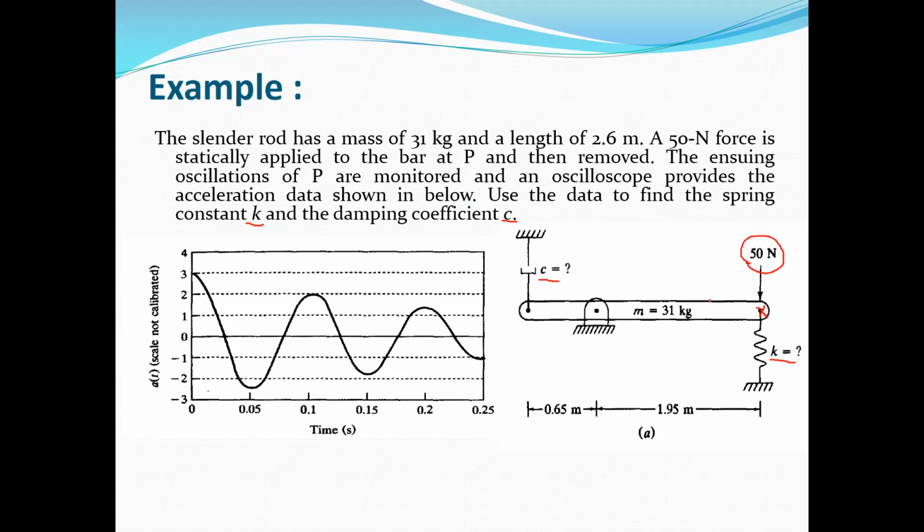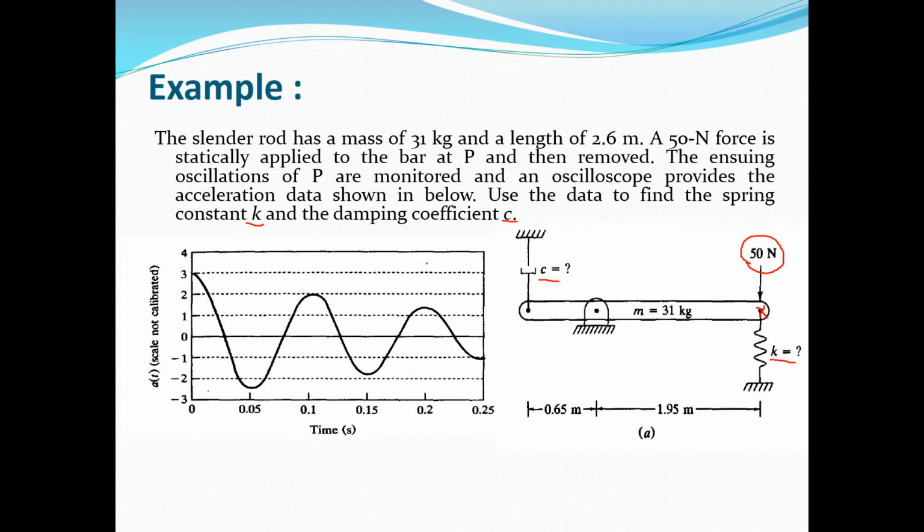So we need to obtain the equation of motion for this system in terms of the two unknowns C and K. Then we can use this graph to obtain delta, and consequently extract the damping ratio for the system, and also obtain the natural frequency and the period from this graph. So we can obtain C and K from the equation of motion and also from this graph.